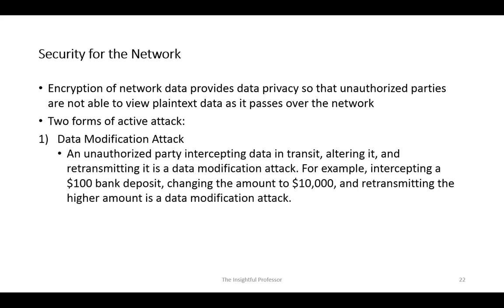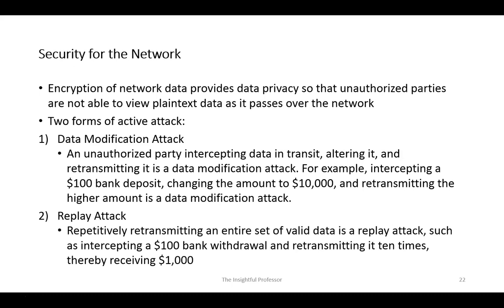Data modification attack: an unauthorized party intercepting data in transit could alter it and retransmit it. For example, intercept a $100 bank deposit, change the amount to $10,000, and retransmit the higher amount. The bank receives the deposit request for $10,000.